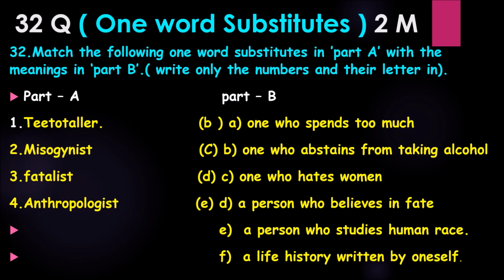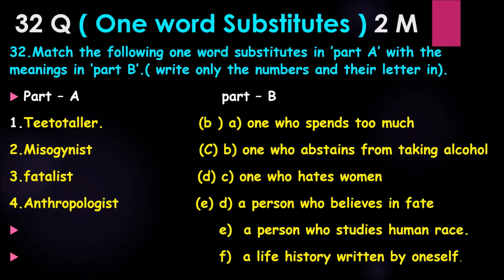Number 1, teetotaler, it is one who abstains from taking alcohol. And the second one is misogynist, we all know, one who hates women. And the third one is fatalist, one who believes in fate. Right? So D. And the last one is anthropologist, a person who studies human race.